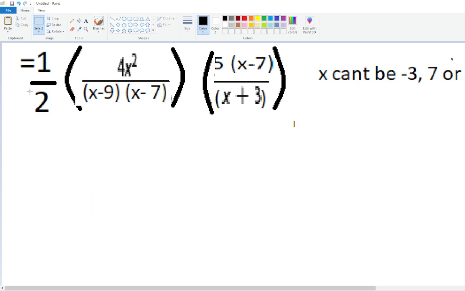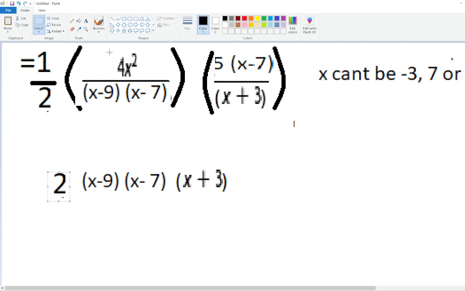Now this 2 is just multiplying things on the bottom. So really, if I'm going to redraw my entire denominator, it's all just stuff multiplying. When we multiply fractions, it's quite easy. Just everything is multiplying. I'm not going to distribute that 2 through. I'm going to leave it. And then as for my numerator, this 1 means nothing. I just have 4x squared, and it should really be in its own brackets, right? 4x squared.